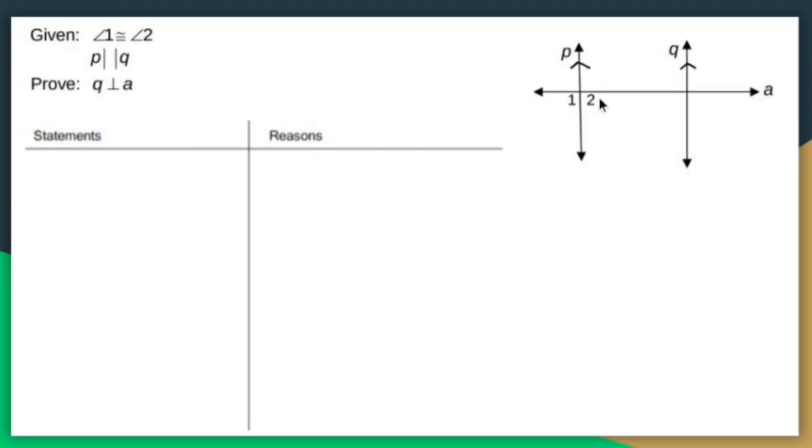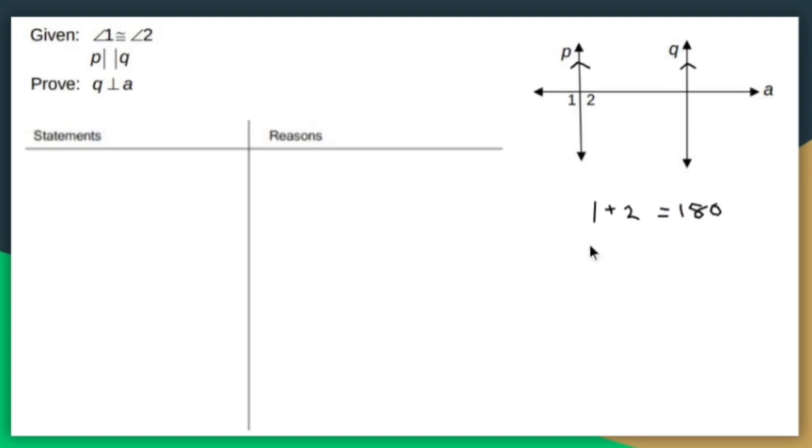All right, I have my given. What I always like to do is make myself a rough draft over here. If I'm given the fact that 1 and 2 are congruent, and also 1 and 2 are directly next to each other and form a straight angle, 1 plus 2 is 180. I'm also told that 1 and 2 are the same.